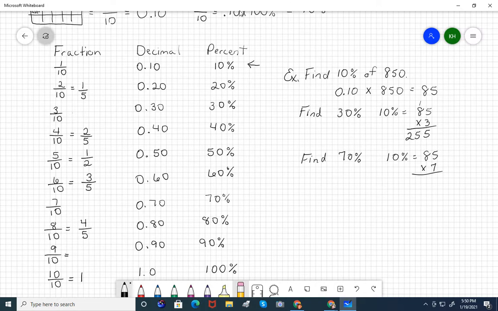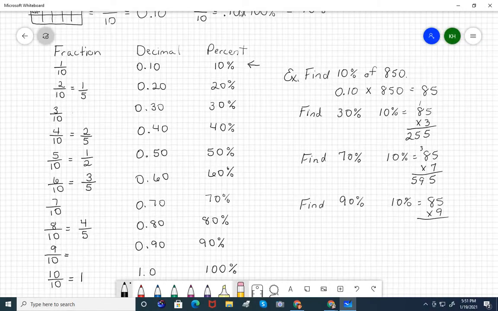7 times 5 is 35. Carry that. 7 times 8 is 56. That's going to be 595. So you can see if I wanted 90%, again, I know that 10% is 85.